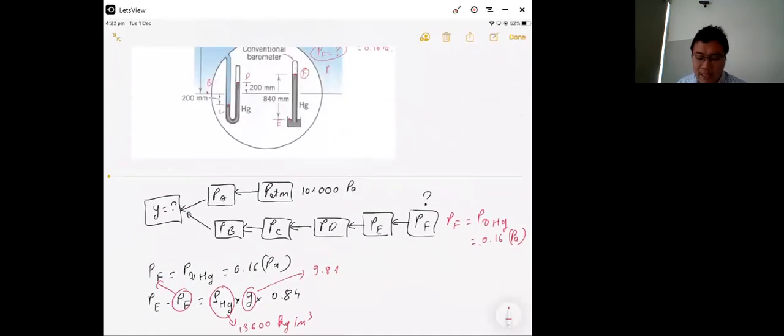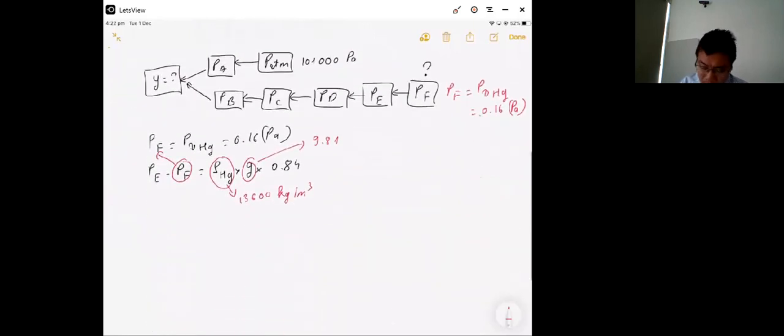PE equals PD, because PE equals PD equals the air pressure inside the submarine.